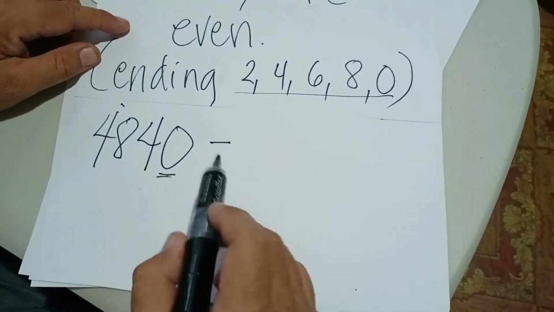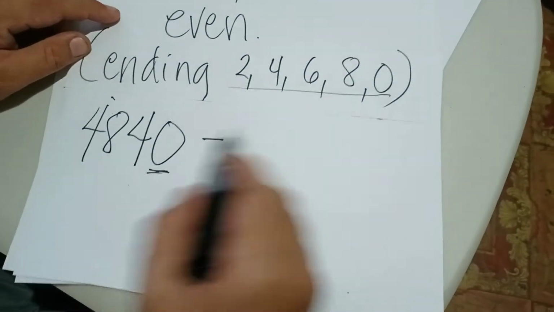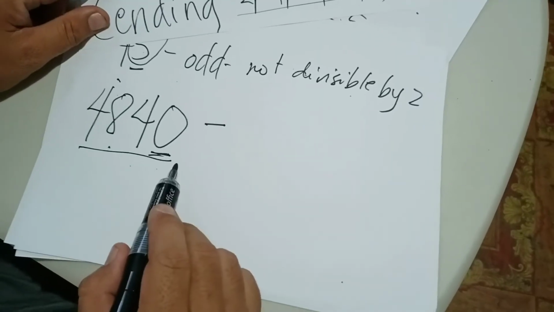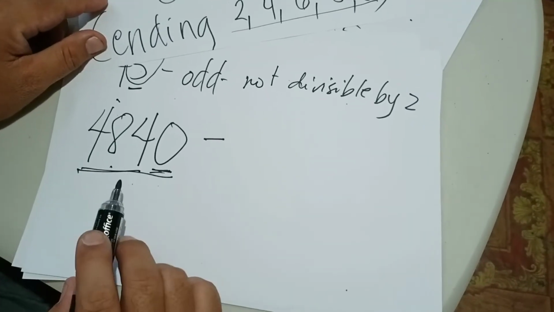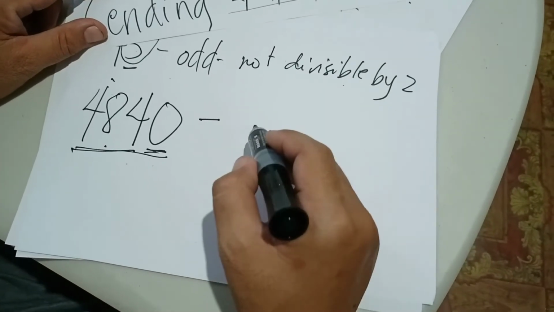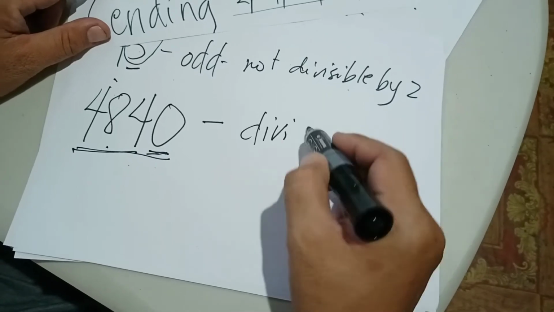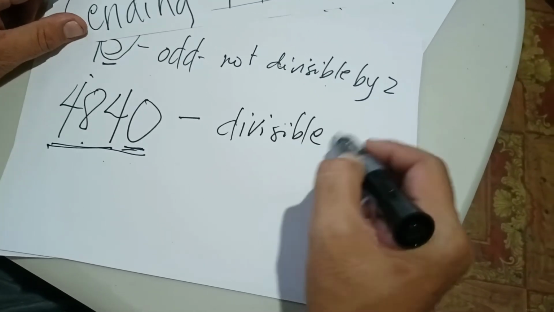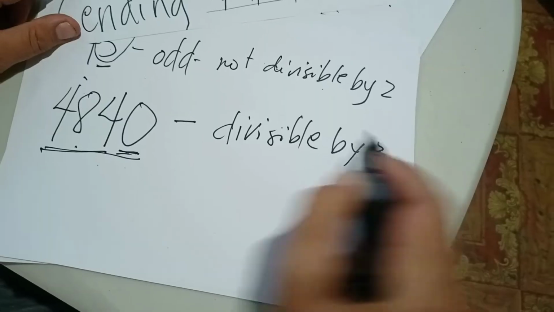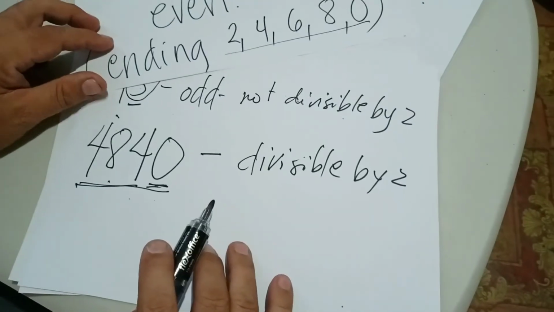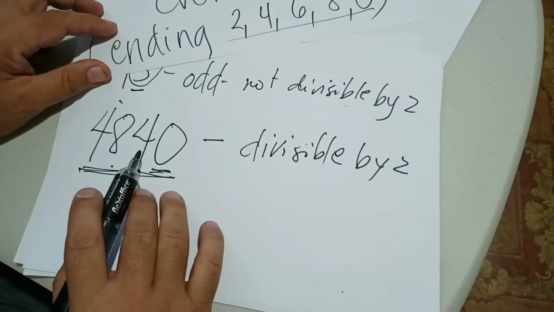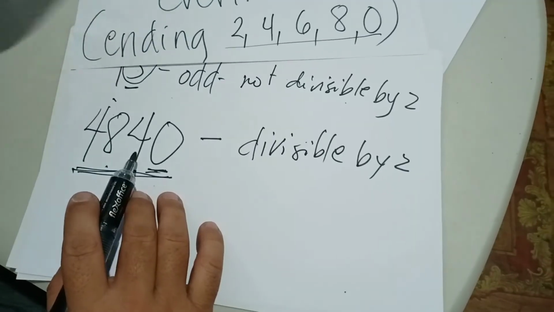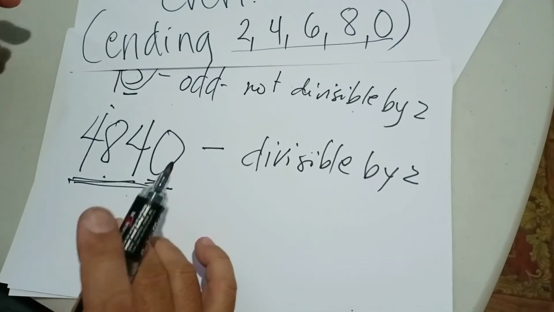So nagtatapos sa 0, that means it is an even number. So 4,840 is an even number, therefore it is divisible by 2. Okay? Okay na. So malinaw po. So divisible by 2 if the numbers are even.